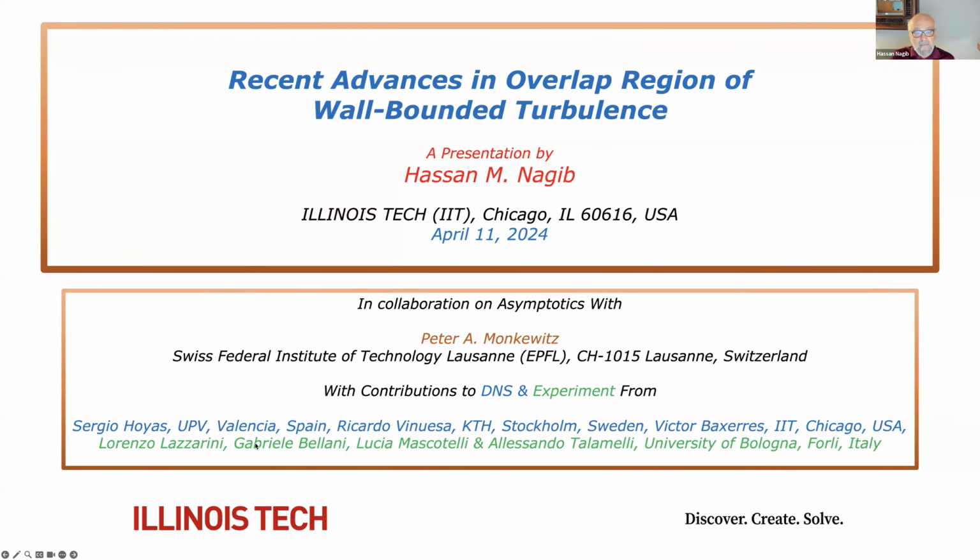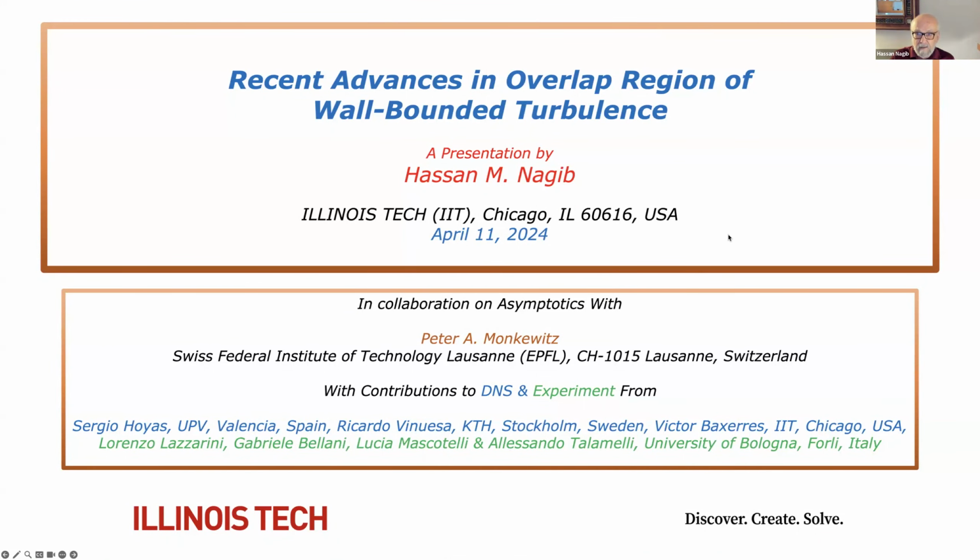I will show very briefly experimental results from the University of Bologna pipe facility, and the collaborators there are Lorenzo Lazzarini, PhD student now, Gabriele Bellani, associate professor, another PhD student, Lucia, who graduated, and of course, Alessandro Talamelli, who's in charge of the facility.